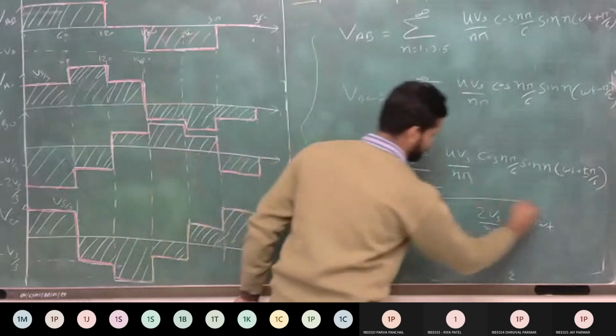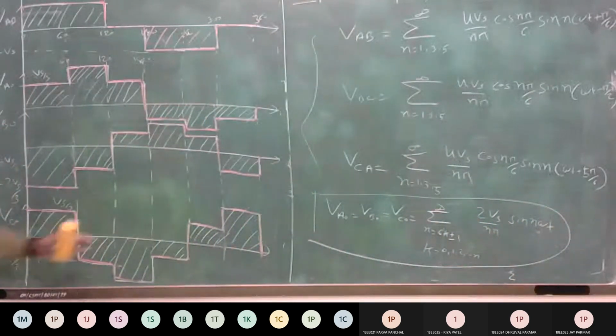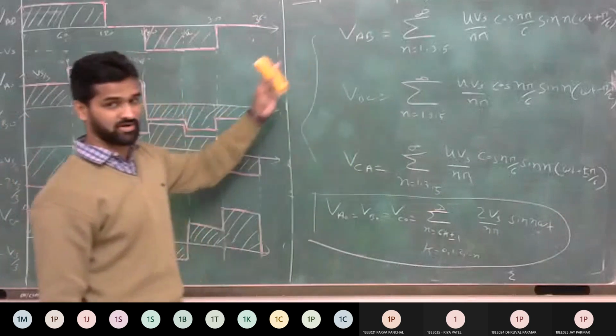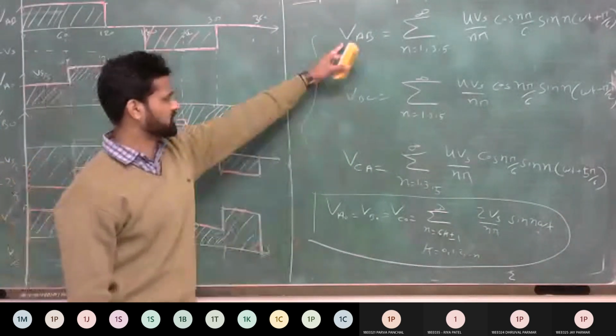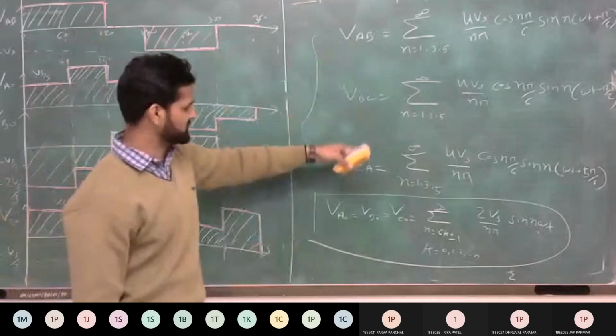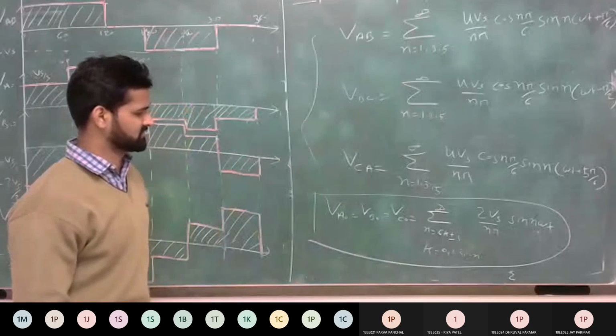This is the equation of phase voltage, this one for VA0, VB0 and VC0. These three equations are for the line voltages VAB, VBC and VCA. VAB we already drew here, but VBC and VCA draw by yourself, and this is the Fourier analysis equation.